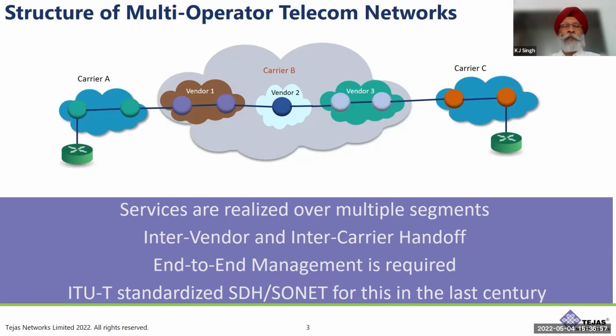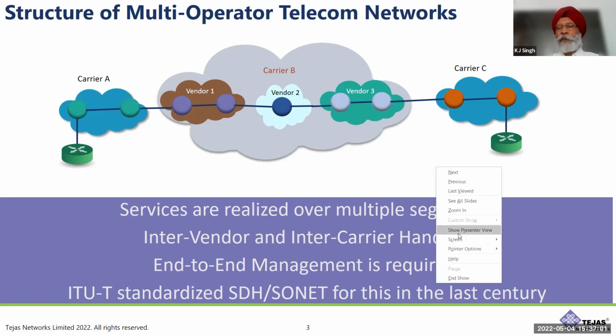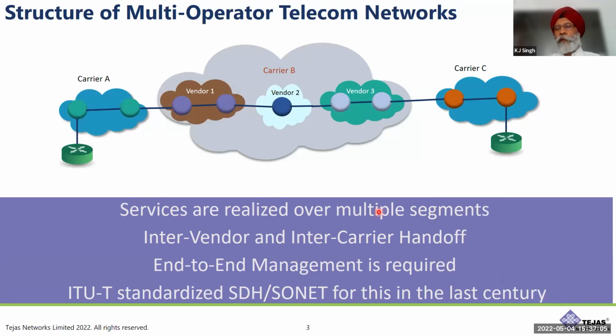So he has to use some other carrier's network. He'll have to hand off traffic to carrier A and to carrier C in order for the two endpoints to connect.